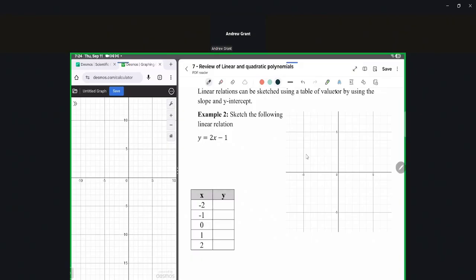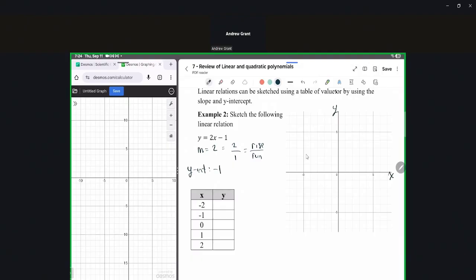Okay, so if it's y equals 2x minus 1, the slope, m, is equal to 2. And remember, this means it's equal to 2 over 1, because slope, by definition, is rise over run. The y-intercept is going to be -1.